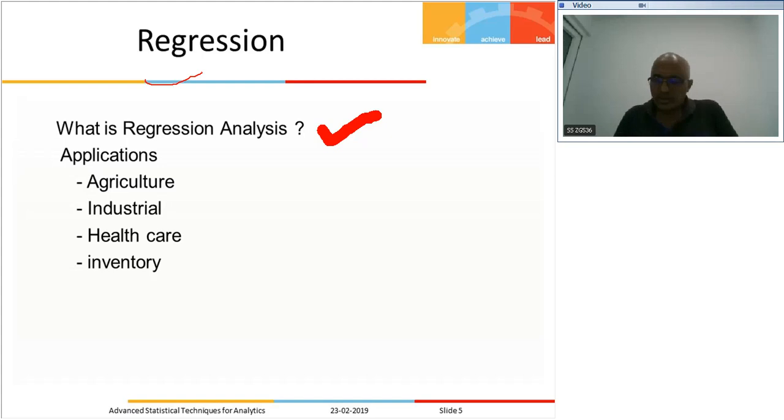For that we use one quantified term, called Pearson's coefficient of correlation. Based on that, we say whether these two variables have a relation or not, and if so, which type of relation.